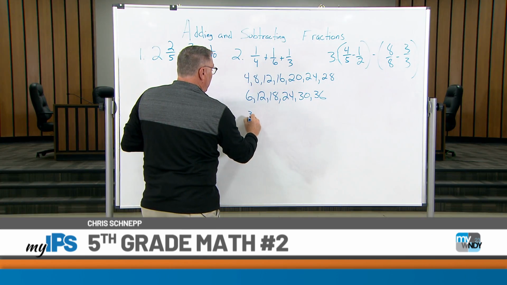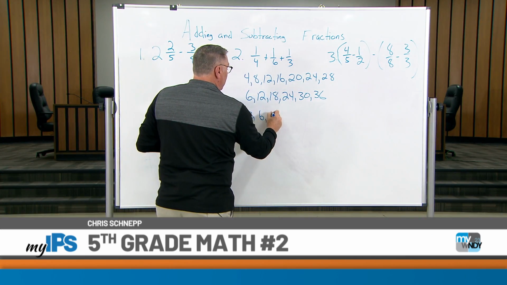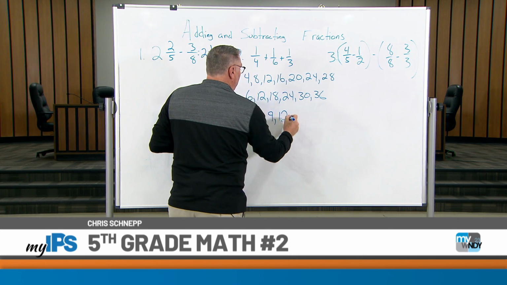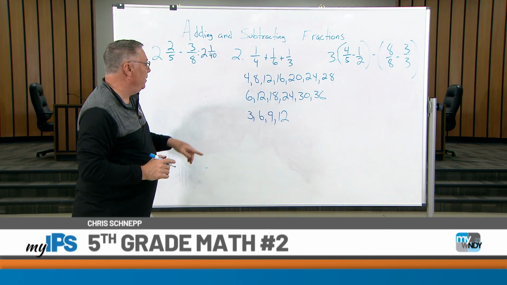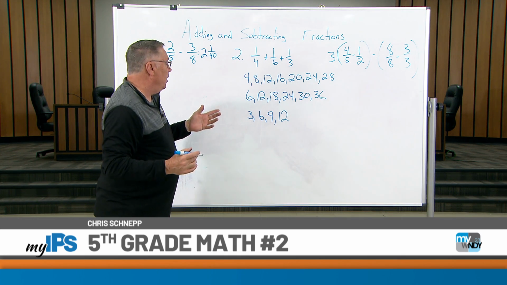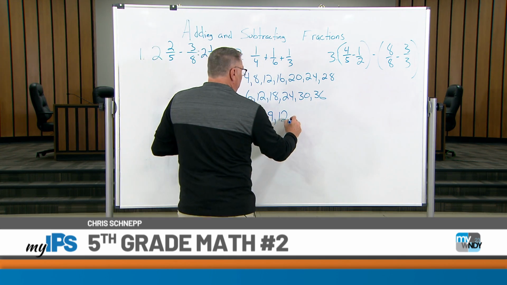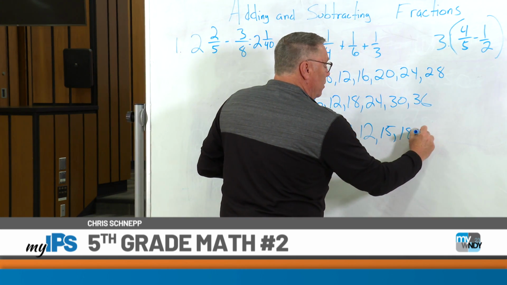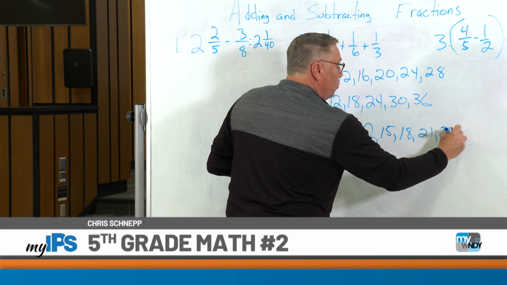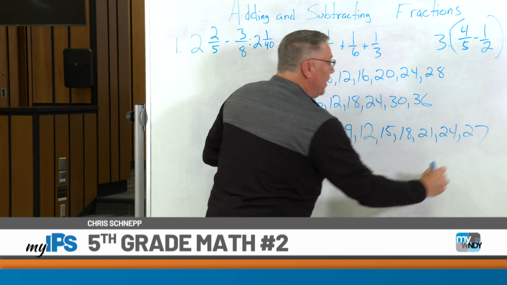And let's do the 3: 3, 6, 9, 12. I'm going to stop right there. I don't need to spend my time going all the way down. Actually, I am, because I want to show you something: 12, 15, 18, 21, 24, 27.